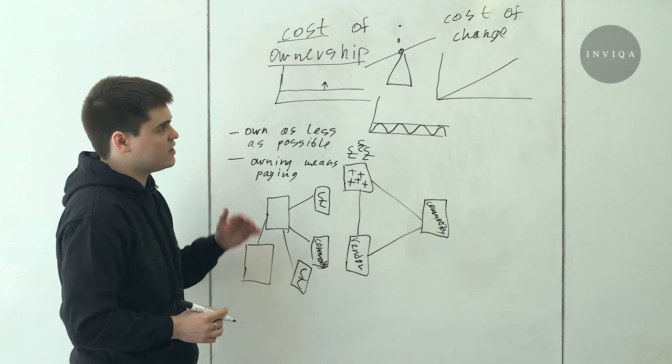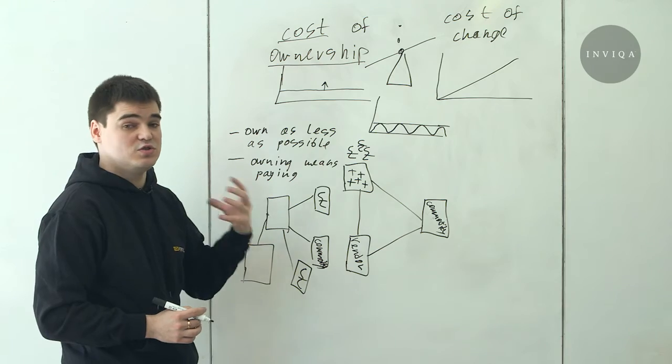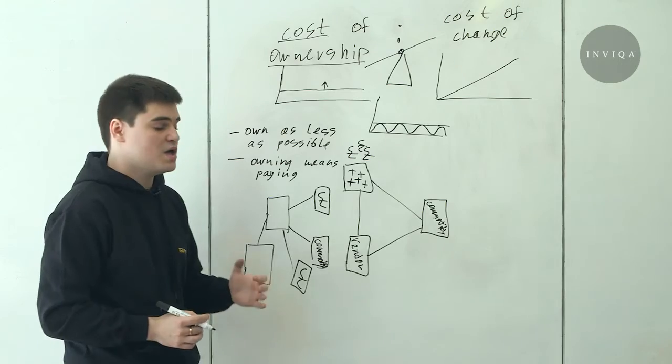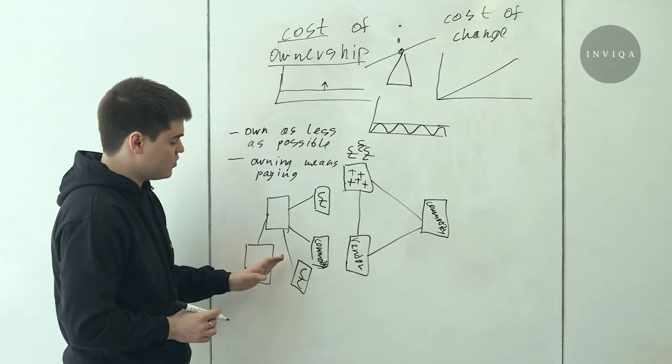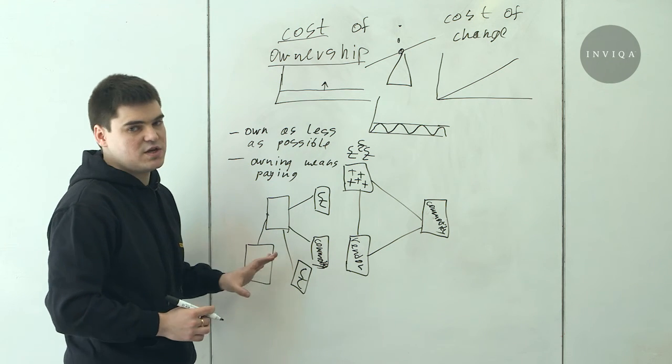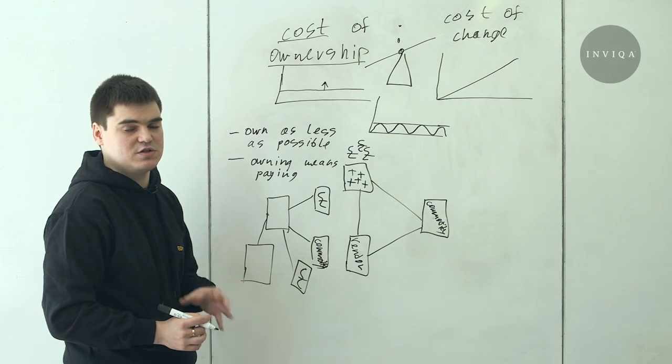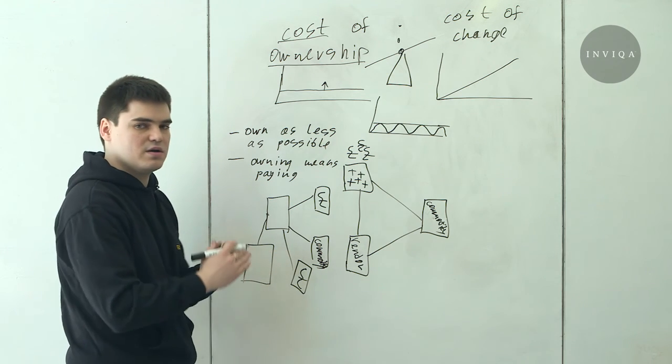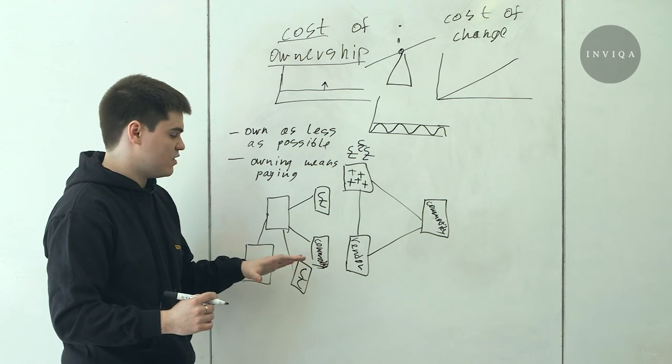You start paying the cost of ownership over the modules that you do plan to change on an ongoing basis, but only in these modules. And you basically either outsource or do not touch already written modules that you don't plan to change. They are there, isolate them, and let them be.